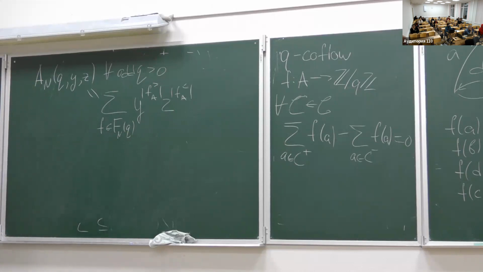Great. Значит, если у нас есть обычный граф, то мы можем сопоставить ему потоковый многочлен.